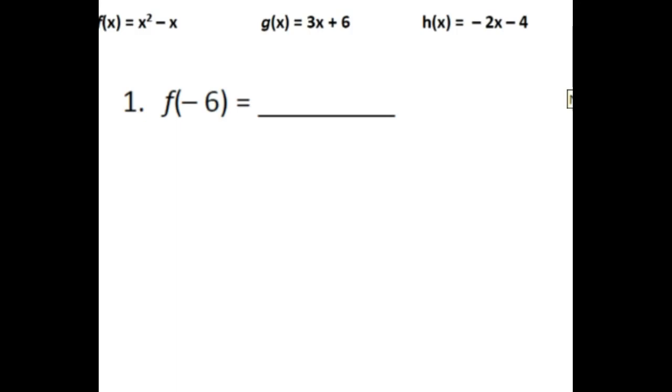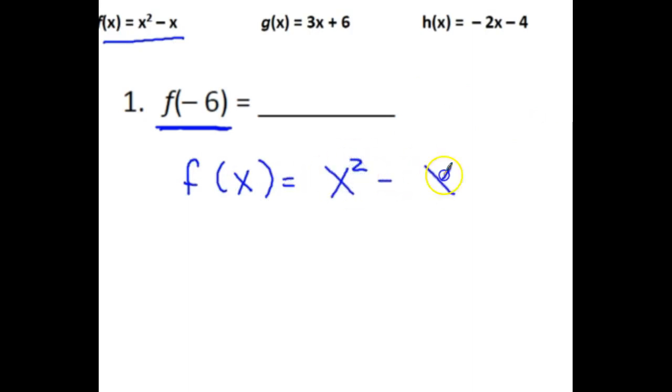So here we have 3 functions. This first function is named f, this function is named g, and this function is named h. So open up your paper so you can see these. What does this mean? You say f of -6. Since it starts with f, I am going to use this function.